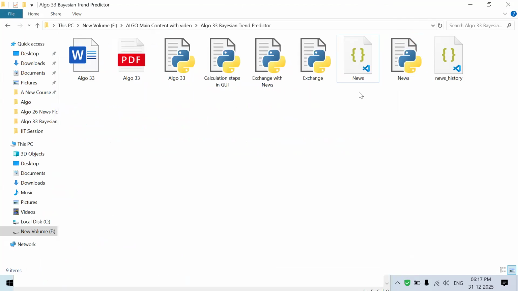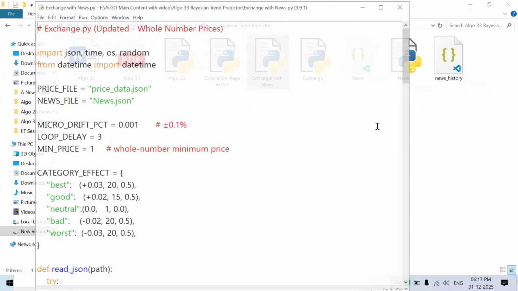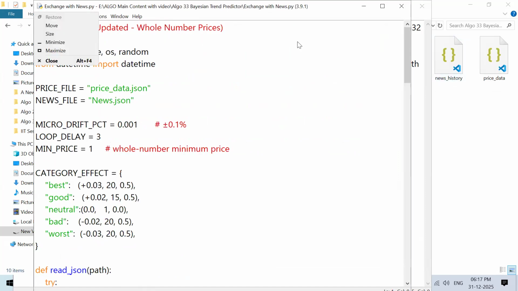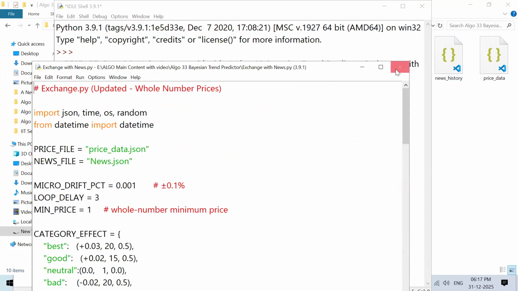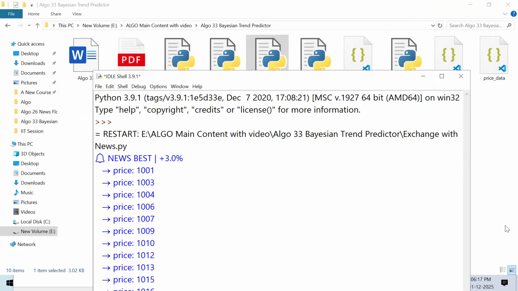Now let me show you. This is my exchange file which reads the news, and there's a flow of up and down movement based on the news. Let me close this and adjust the windows so I can show you what is happening in the market.